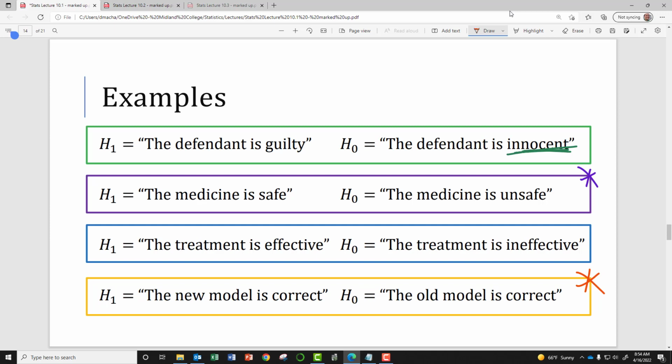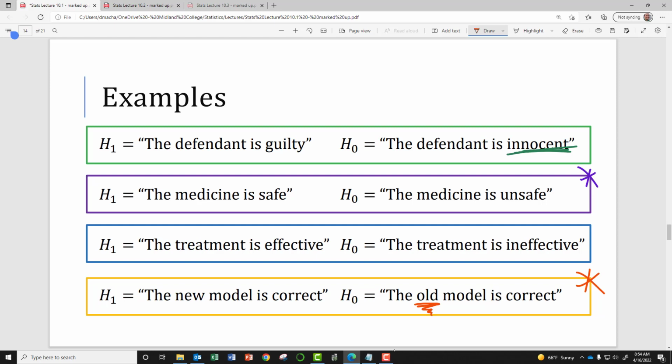And so when a physicist develops a new model, they then go out and conduct experiments where they collect data, and they analyze the data. And what they're always doing is they're saying, well, my baseline assumption is that our old model is correct, whatever that old model may be.